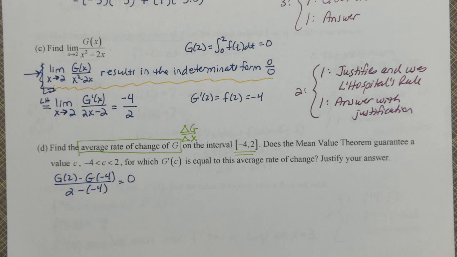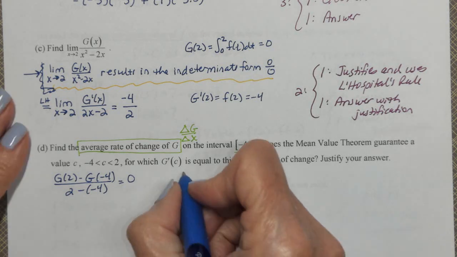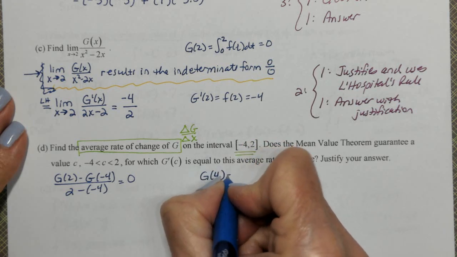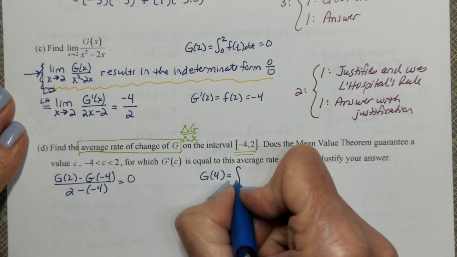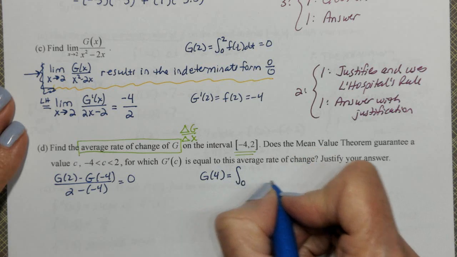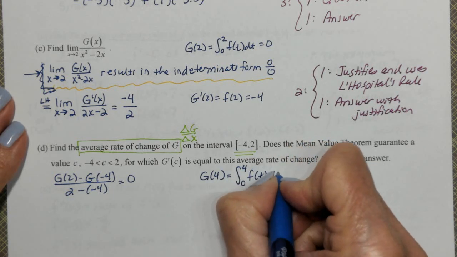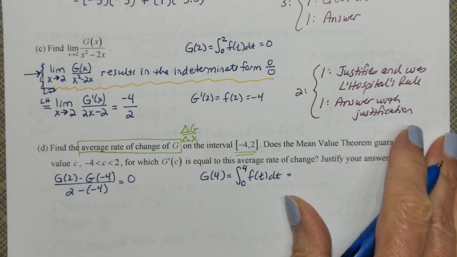Did we find G of 4? We did not. I need to go off to the side and find G of 4. G of 4, I'm using my definition of G, which is the integral from 0 to x of f. 0 to 4.